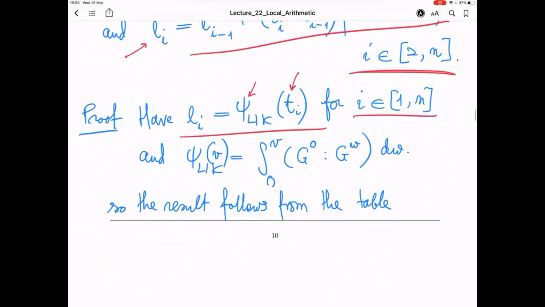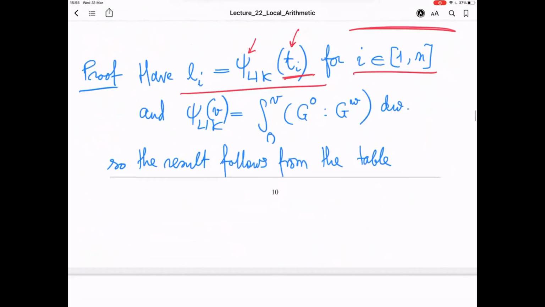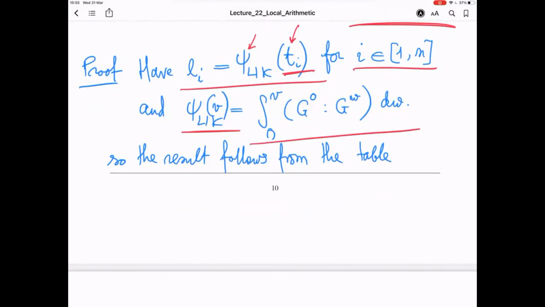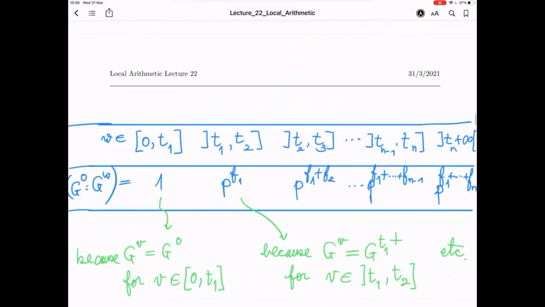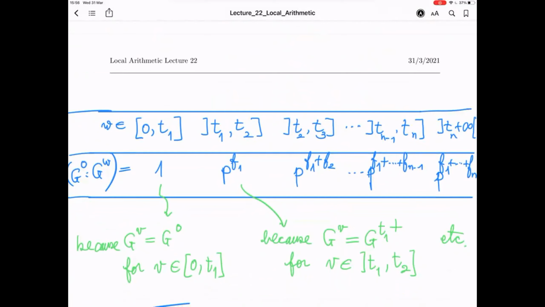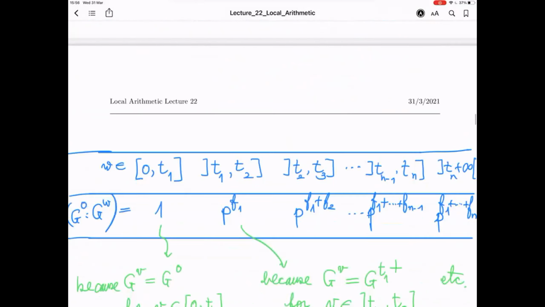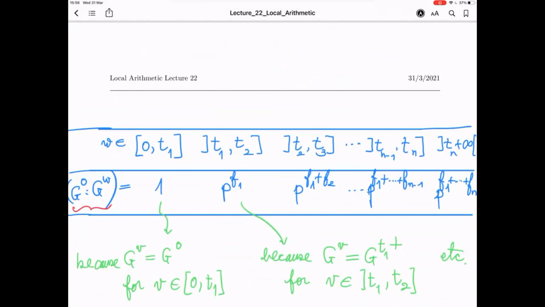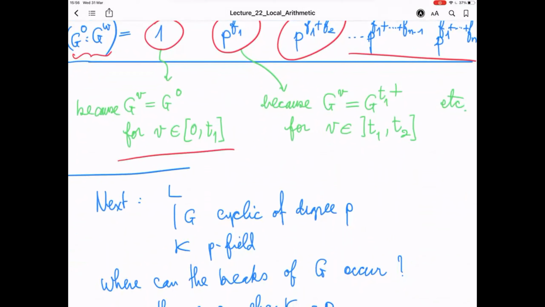There are n of them, psi_{L/K}(t_i), where the t_i are the upper ramification breaks, and this function has an explicit definition. You look at this table, which captures the same information. You're integrating the index, so all you need to know is what the index is, and that's given to us: 1, p^f, and so on. So there's nothing really to prove here.